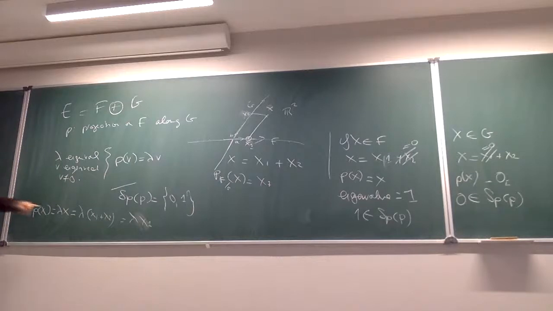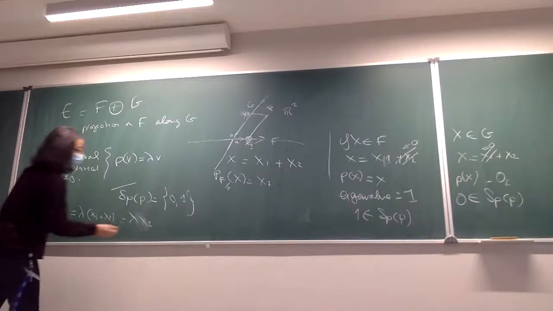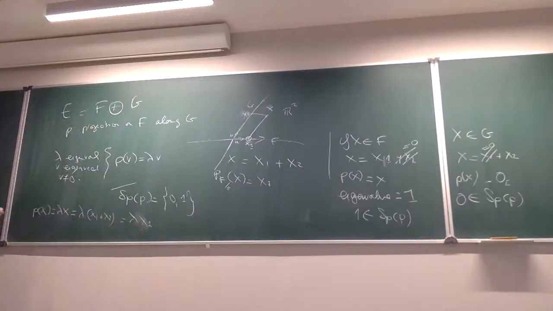So we obtain that if we've got a non-zero eigenvalue, P of x is equal to lambda x1. Could we have anything different?